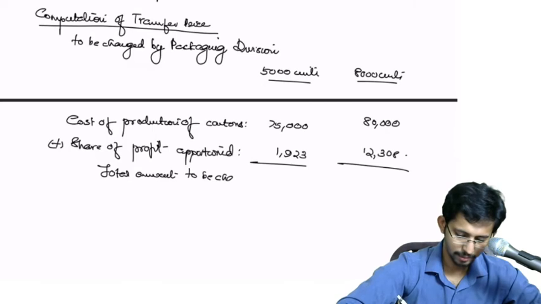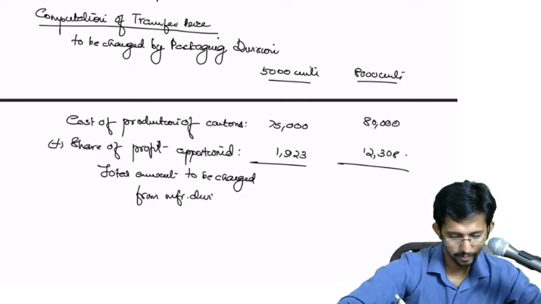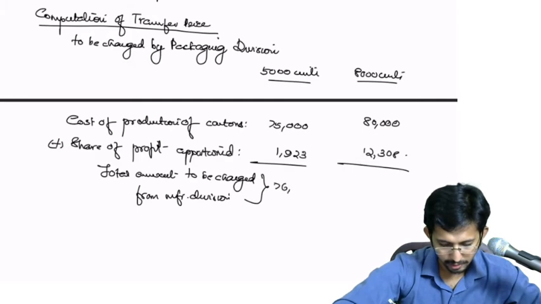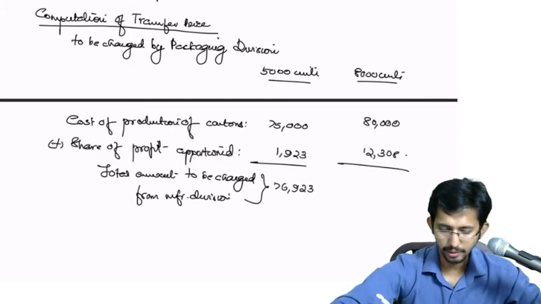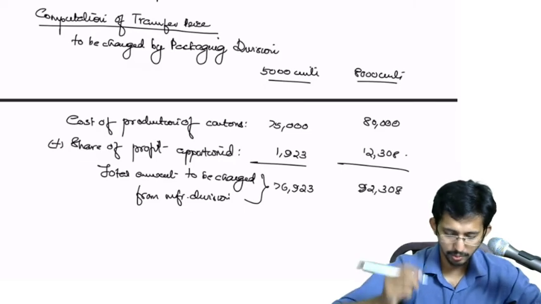Amount to be charged from packaging division, from manufacturing division, okay, 76,923 and 92,308.